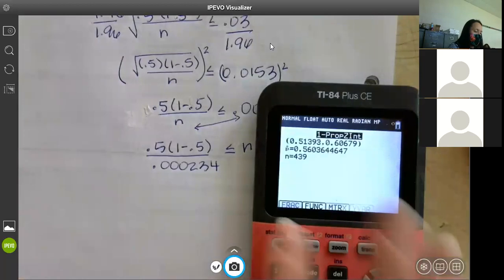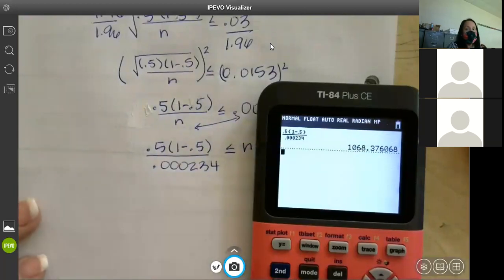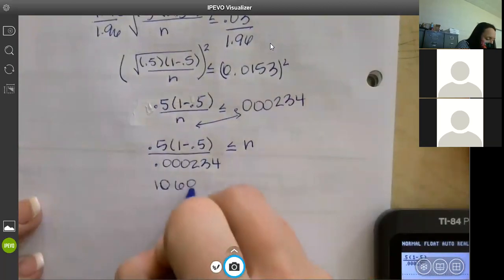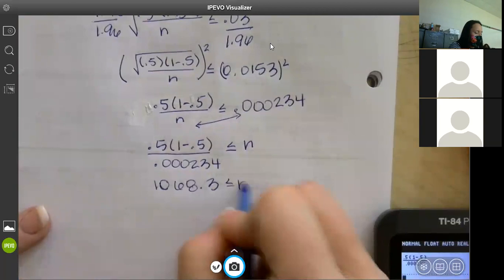And I just use alpha y equals because it makes it a lot easier. 0.5, 1 minus 0.5, and then 0.000234. Gives us 1068.3, less than or equal to n.